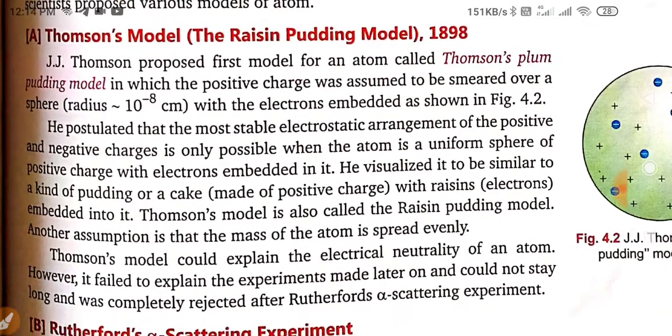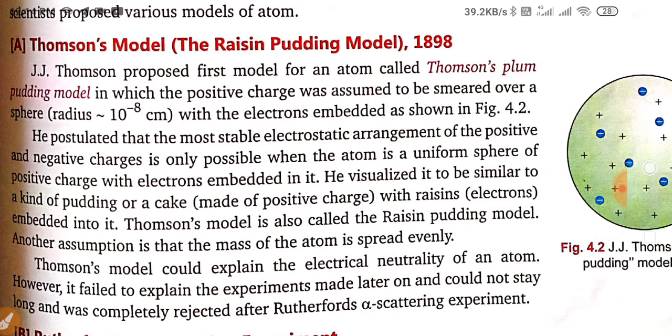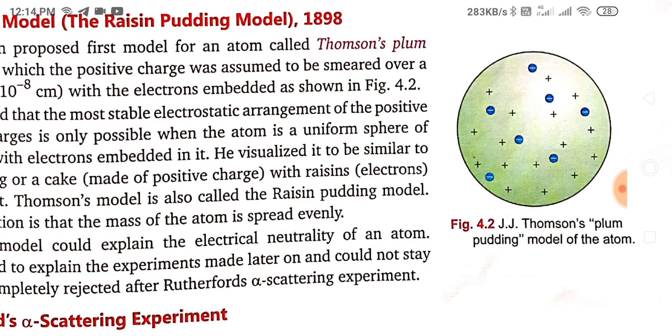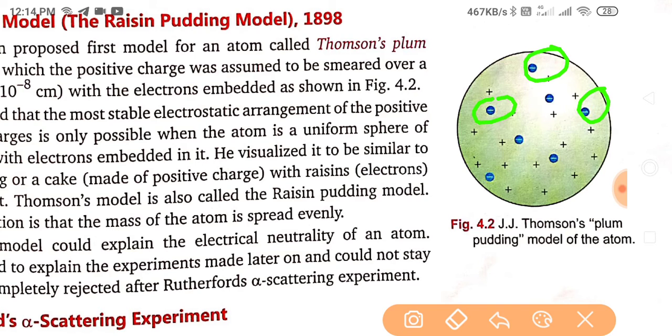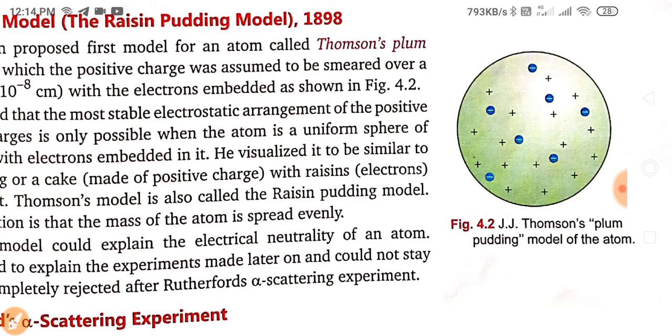J.J. Thomson proposed the first model of an atom, called Thomson's plum pudding model, in which the positive charge was assumed to be smeared over a sphere of radius about 10 to the power minus 8 centimeter, with the electrons embedded as shown in figure 4.2. You can see how these electrons, which carry negative charge, are arranged in an atom, and these are the positive charges of protons.